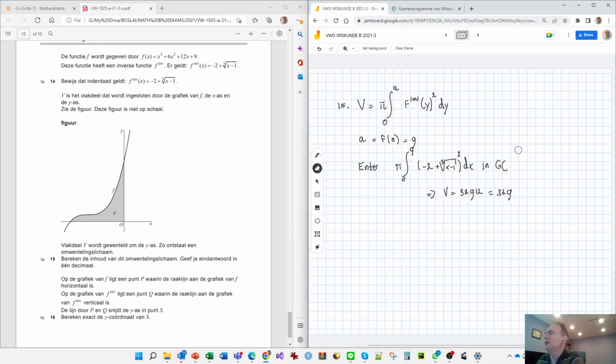So yeah, if you don't know how to do that, you should definitely learn it. I've seen it more often. You should be able to just define, I think they call it y1, give the boundaries of the integral and multiply by pi.